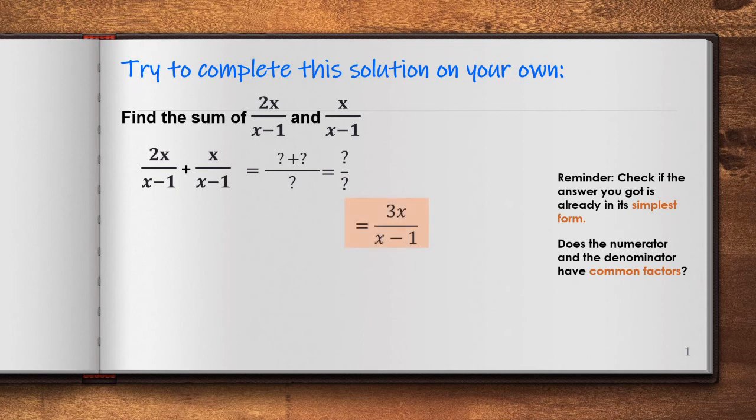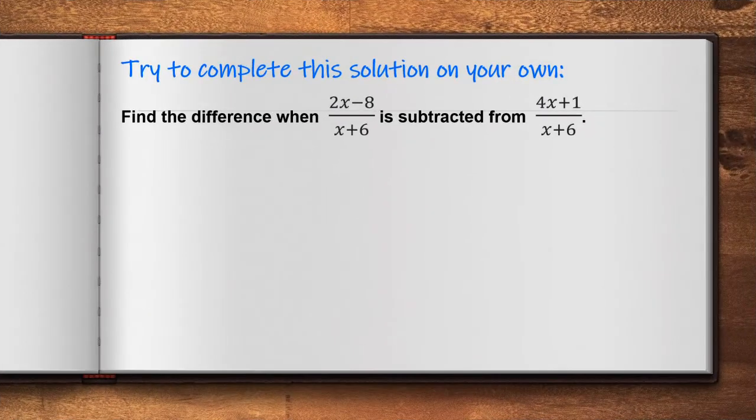Here's the final answer. Do you think that's the answer to the solution that you made? How about this? Check again the denominators. Are they similar? So what is the denominator of the sum?